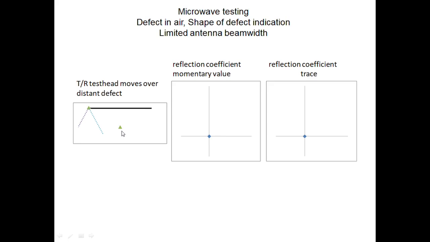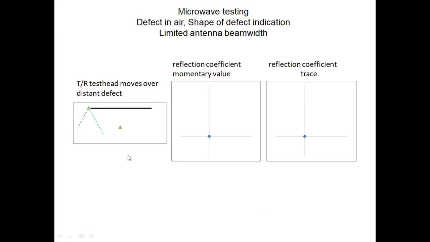Here is the defect, and the antenna does only radiate into this angle section, and no radiation is incident on the defect, and no radiation is reflected. So we have a zero indication in these both diagrams.